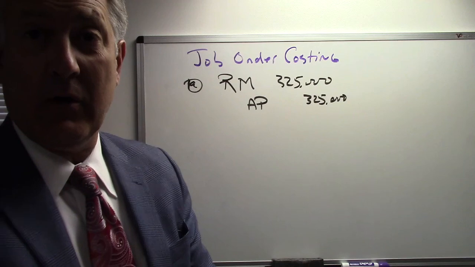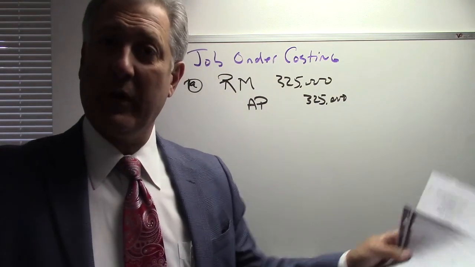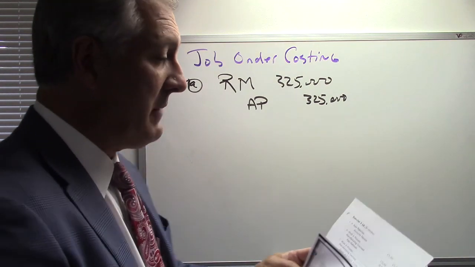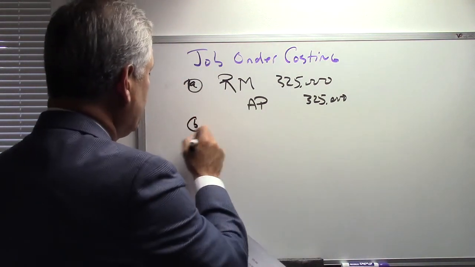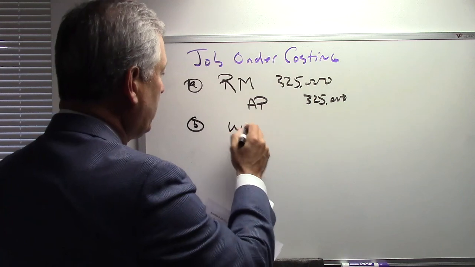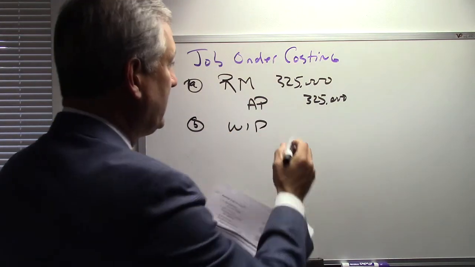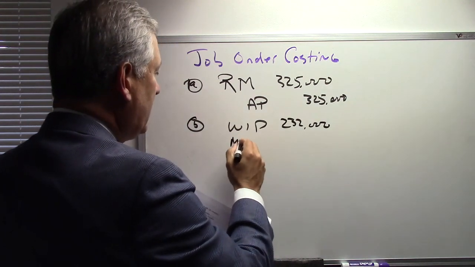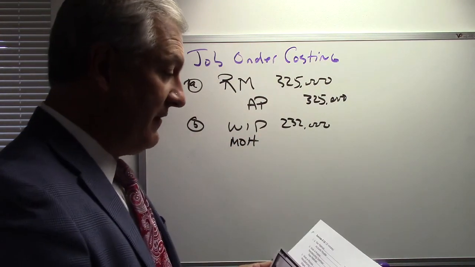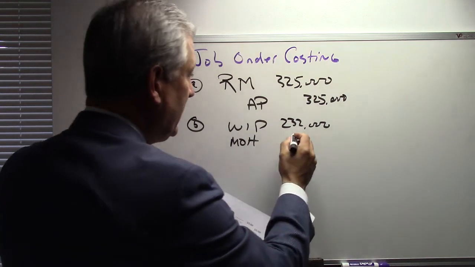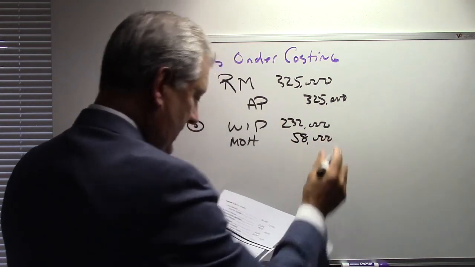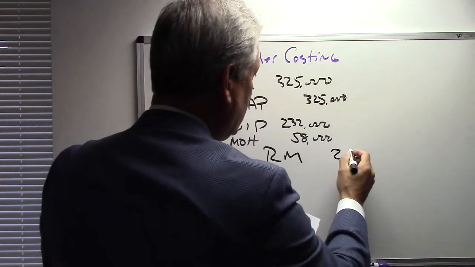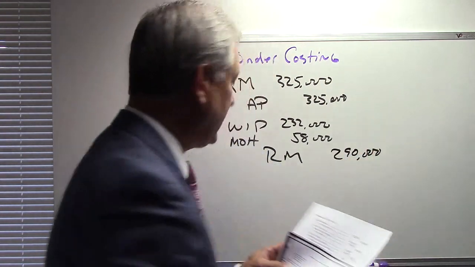So you got to know where those go. Direct materials go to work in process. Indirect materials go to manufacturing overhead. So journal entry B, we're going to debit work in process for the 80% number, $232,000. Debit manufacturing overhead for the 20% of $58,000. And this comes out of raw materials for $290,000.